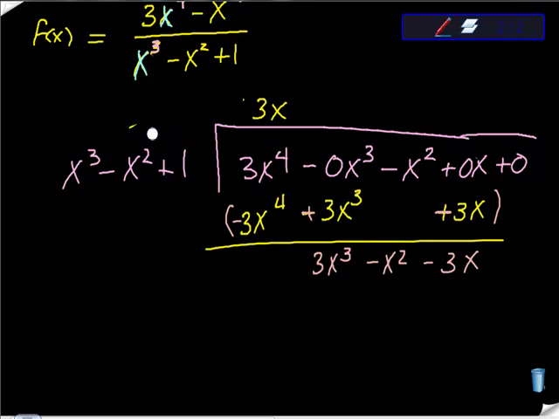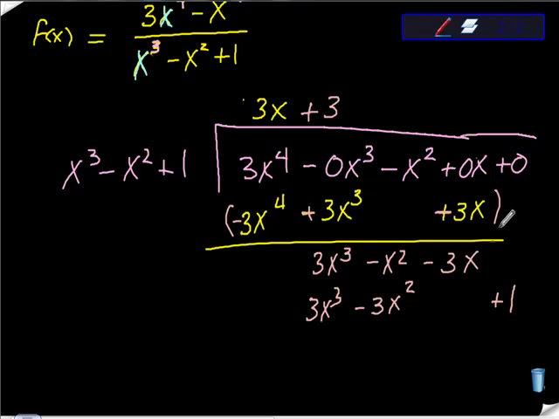Now, this time, we are going to divide 3x cubed by x cubed, which gives us positive 3. To prove that, 3 times x cubed is 3x cubed. 3 times negative x squared is negative 3x squared, isn't it? And 3 times 1 is 3 out here.